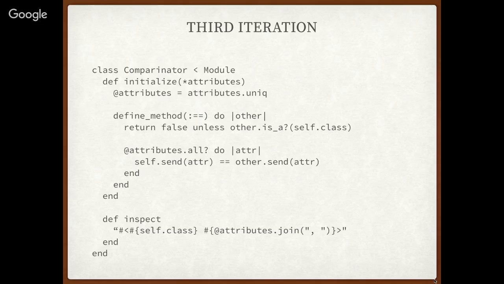Lowercase class Comparator is saying I'm not defining a constant equal to Class.new, and it also keeps Comparator as a name. Class Comparator is just syntax. The same is true for lowercase module.